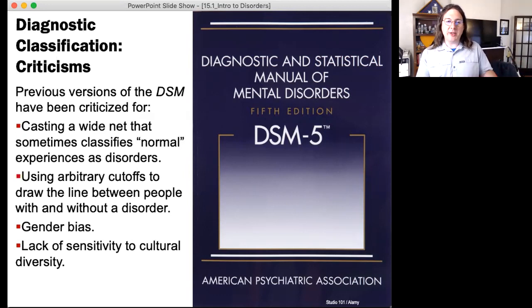So we saw some pretty significant changes culturally between DSM-1 and DSM-3. DSM-4 was a little bit better. It was pretty good at incorporating those cultures, but it still wasn't enough, because in its time the internet was starting to be popular. So we saw this expansion of cultures through the internet, and we continue to see more integration into Western civilization, people of Middle Eastern or Asian descent, right?